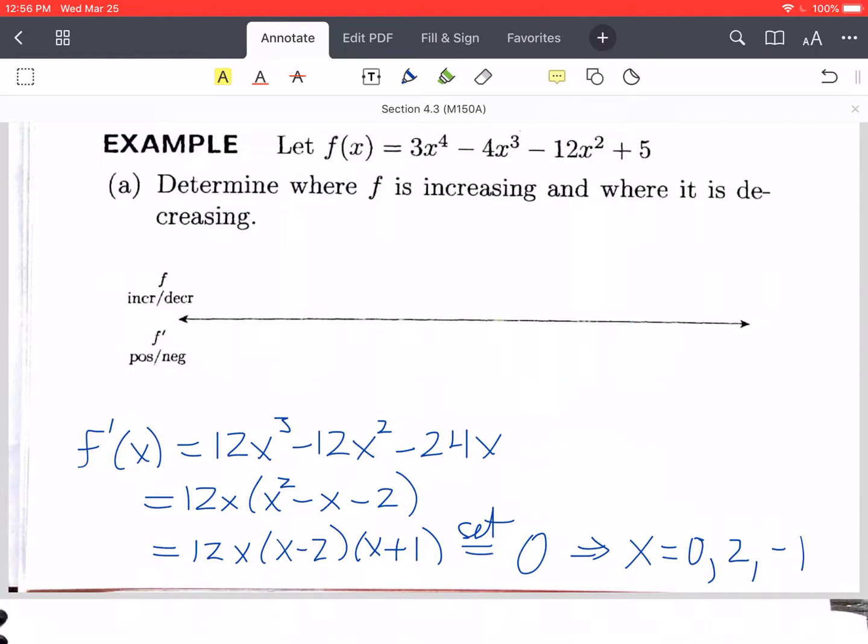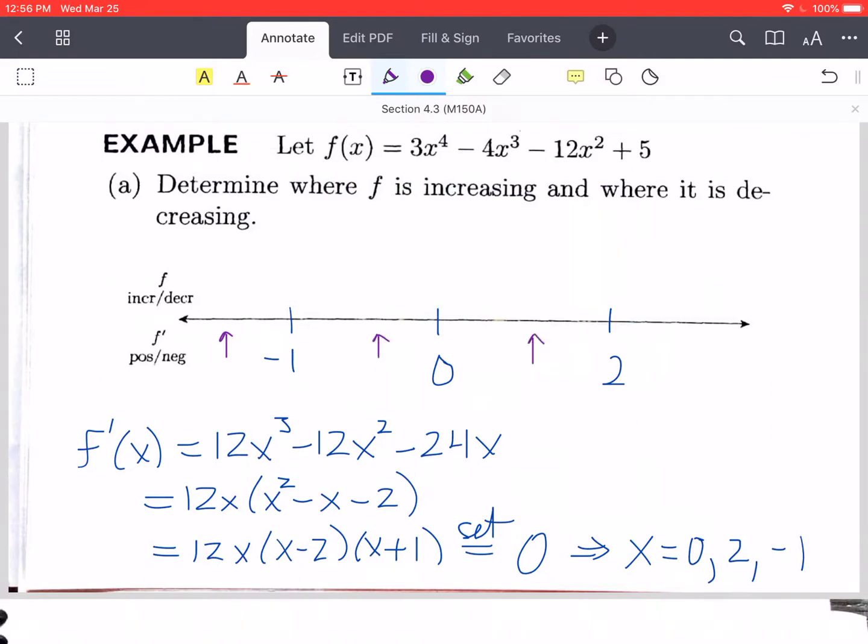So now if we look on the number line here, let's go ahead and mark these on here. It doesn't have to be perfectly spaced. We just need to know where the numbers are. So negative 1, 0, and 2. And then we're going to pick a test point on each of these intervals to determine whether the derivative is positive or negative. Okay, so 1 point from each of these intervals.